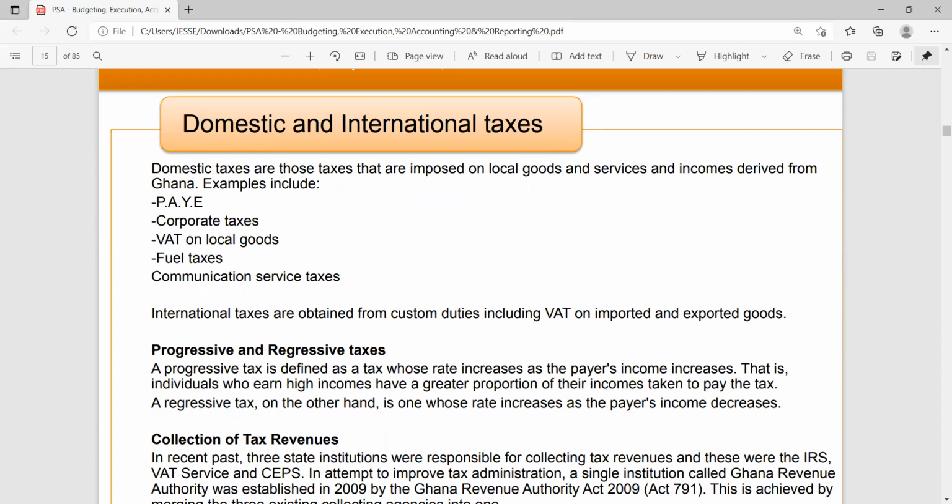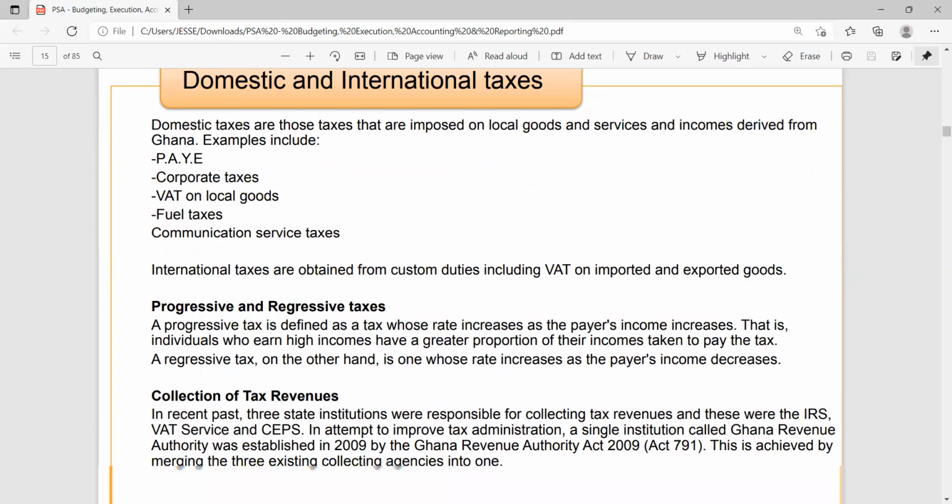So what are international taxes? These are obtained from custom duties, including the VAT on imported and exported goods. So this is international in scope. Domestic taxes, we are looking at the imposition of taxes on local goods. International taxes, we are looking at the imposition of taxes on imported and exported goods, international in scope.